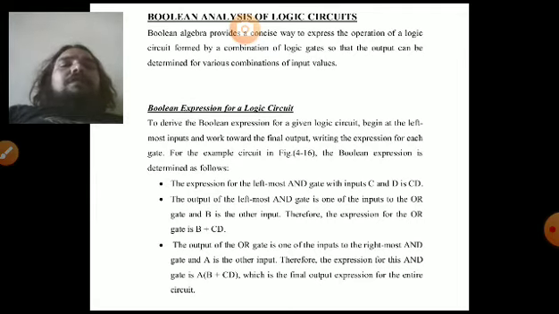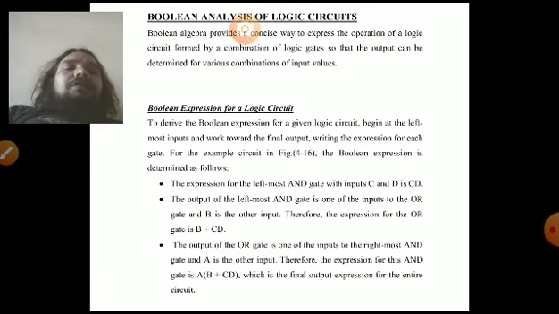To derive the Boolean expression for the given logical circuit, begin at the leftmost input and work towards the final output, writing the expression for each gate. For example, consider a circuit of logic gates, that is OR gate, AND gate, NOT gate, NAND gate, NOR gate, exclusive OR gates, etc. The Boolean expression is determined as follows.